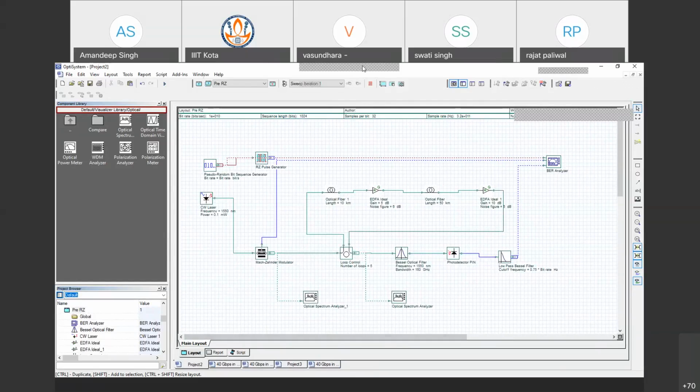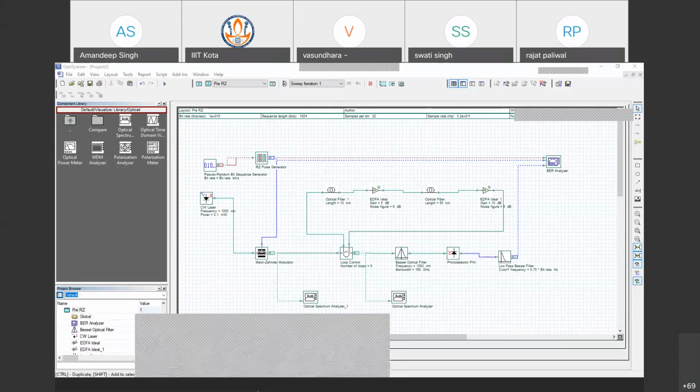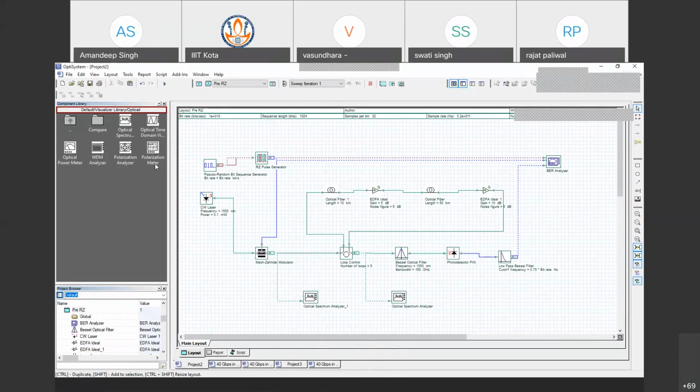Sir, for a VLC link, is there any reference for this particular VLC link design in OptiSystem? A reference paper where I can start with the designing part in OptiSystem for an optical wireless VLC link.